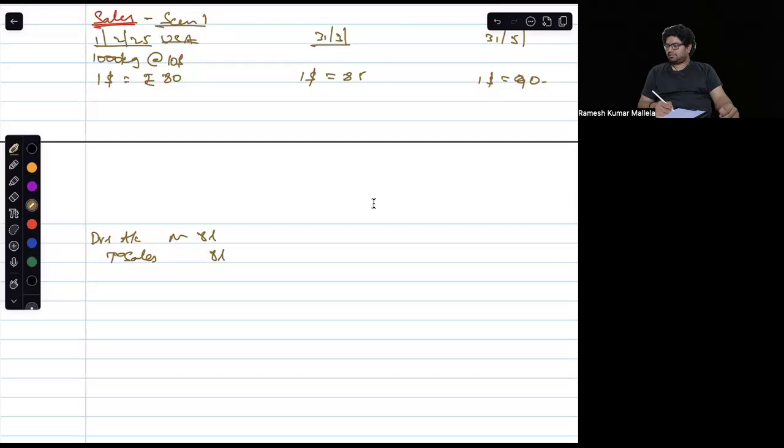Respond, guys. If you get 50,000 extra, is it profit or loss? Profit. Then what entry should I write? That foreign exchange gain, will it go to the debit side or credit side?